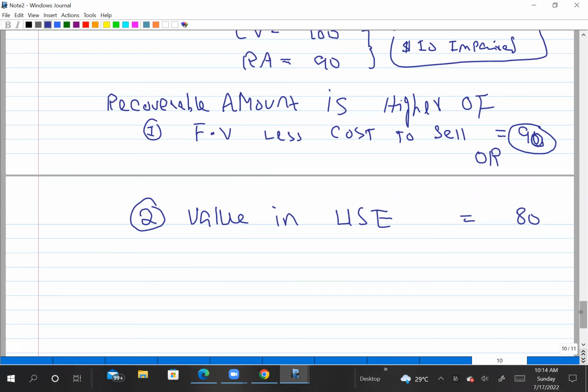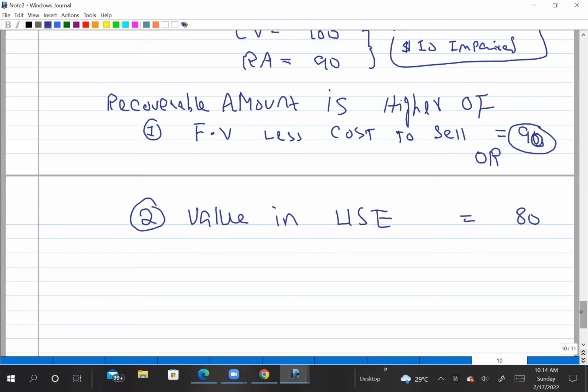Fair value less cost to sell means if I sell the asset today, what I will get. And value in use means if I continue to use the asset, then what benefit I can get. So the higher of these two values will be the recoverable amount of the asset.